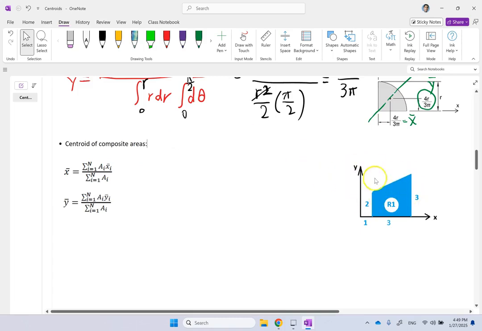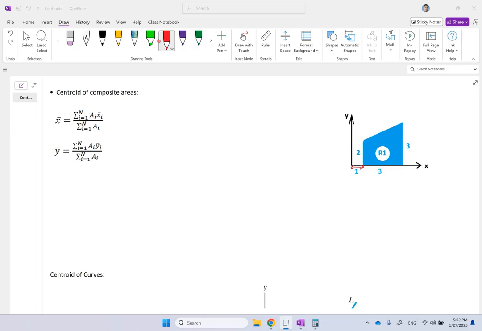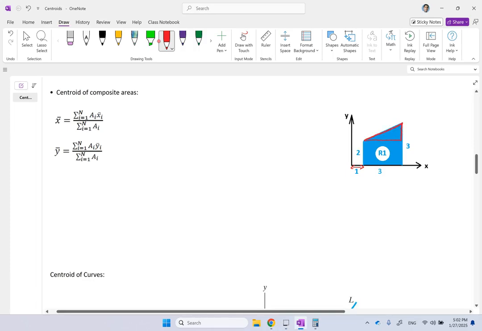So for instance, if I give you this shape here and I say, where is the centroid of this shape shaded in blue? Then clearly you can see that I can break this shape down. By the way, the 1 here is this offset, and then 2, 3, and 3 are these heights. So I break this shape down to a triangle like this, and then a rectangle like that, and then a hollow circle.